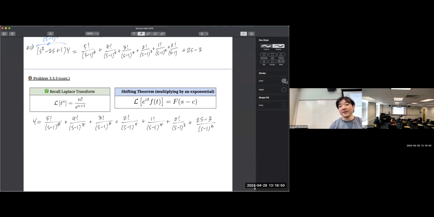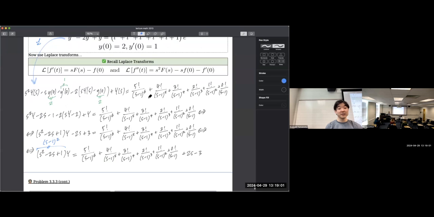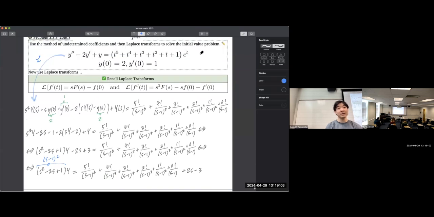Okay, so what did we do? We found our capital Y. We took the equation, we did the Laplace transform of every single term, and then it's just algebra. We're just trying to isolate capital Y. Of course, these greens here, I just applied these conditions.